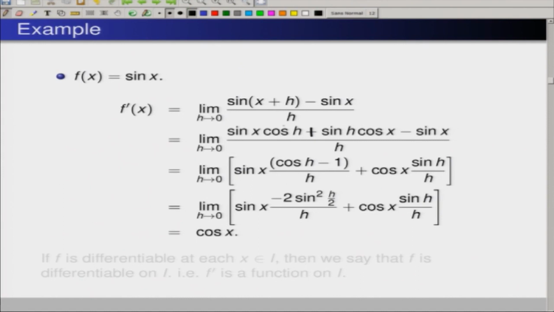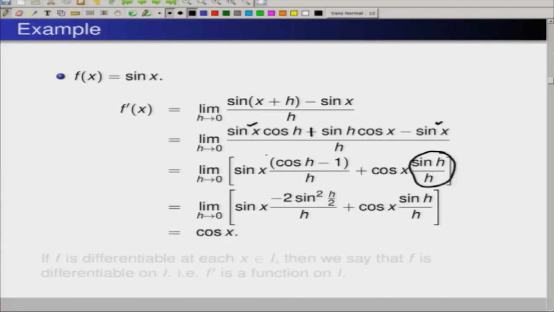If I take sin x common here, this is sin x into cos h minus 1 divided by h, plus sin h by h times cos x. As we know, we have calculated that the limit of sin h by h as h goes to 0 is going to be 1.